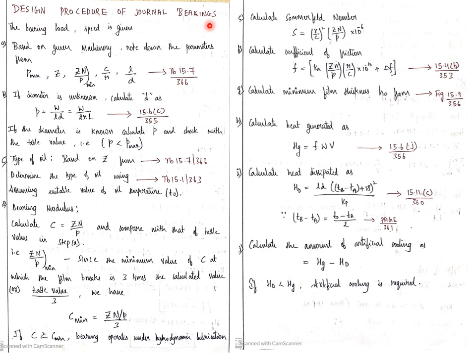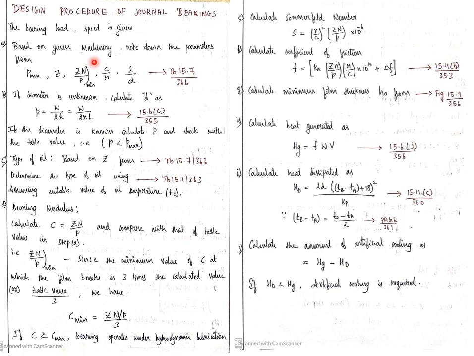The procedure for journal bearings differs a little depending on the type of questions they will be asking. These are the basic steps that you have to remember, which will be common for all types of design problems related to journal bearings. The bearing load and speed are given.